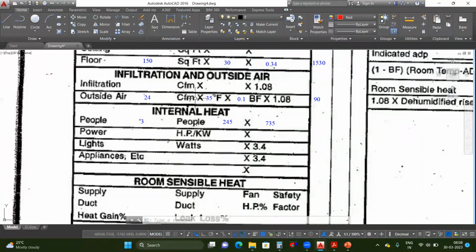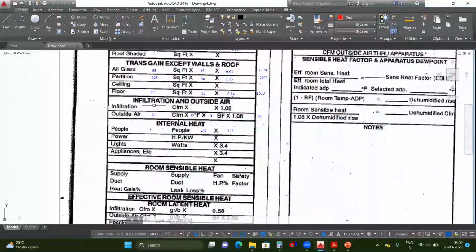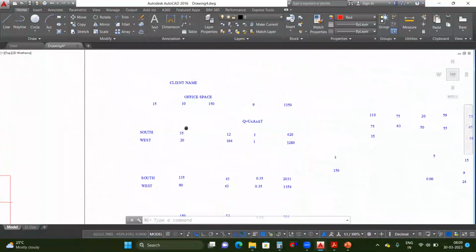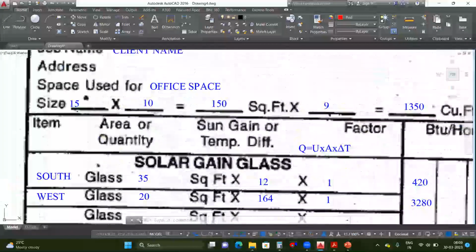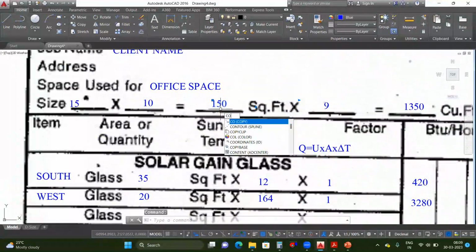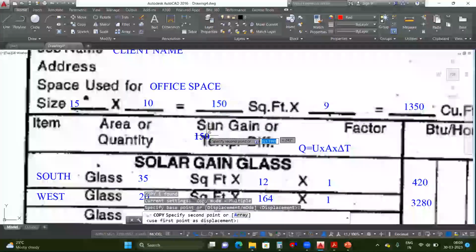If the electrical calculation is done before this and we get the exact values, we can take those. Otherwise we can take 1 watt per square feet. The area here is 150 square feet, so it will be 150 watts.